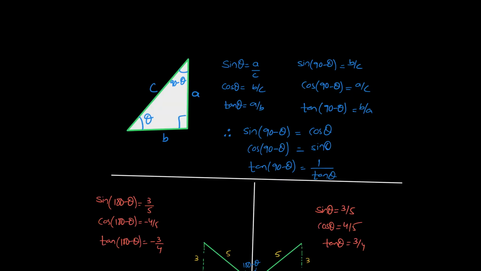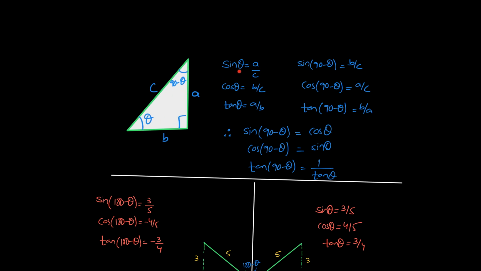Consider a right angle triangle again with this angle theta, and this is 90. Therefore this angle would be 90 minus theta. If you want to evaluate this angle, you can add 90 and theta and subtract from 180 to get the other angle, which will be 90 minus theta.